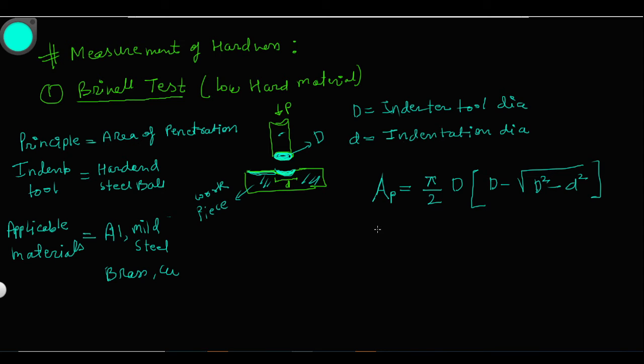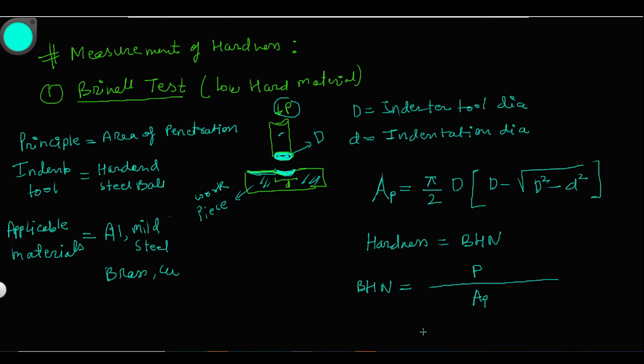And hardness we measure in this test as BHN, Brinell hardness number. And Brinell hardness number is nothing but the force we apply on the indenter tool divided by the area of penetration.